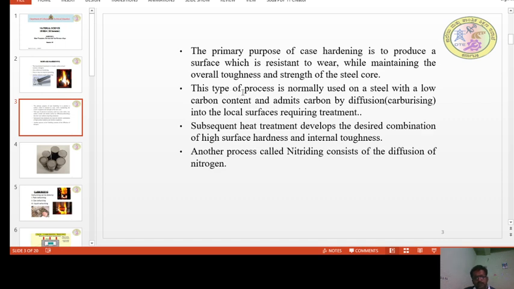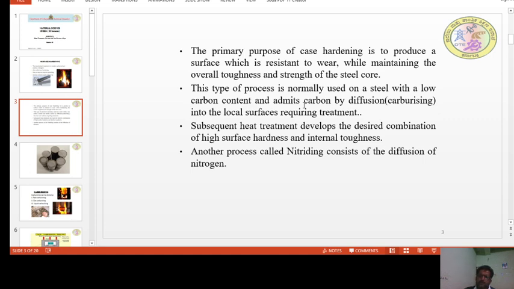This type of process is normally used on steels with low carbon content, and it admits carbon by diffusion into the local surfaces requiring treatment. It is not possible to surface treat high carbon steels, because the carbon content will already be high throughout the material.